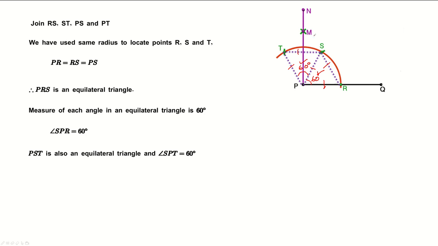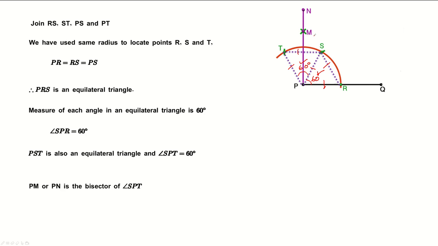Does this remind you of any of the constructions we studied before? Yes, of course. We have constructed a bisector to the angle SPT. Therefore, PM or PN is the bisector of angle SPT.